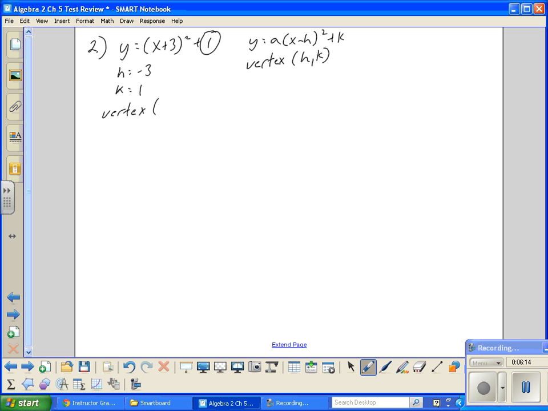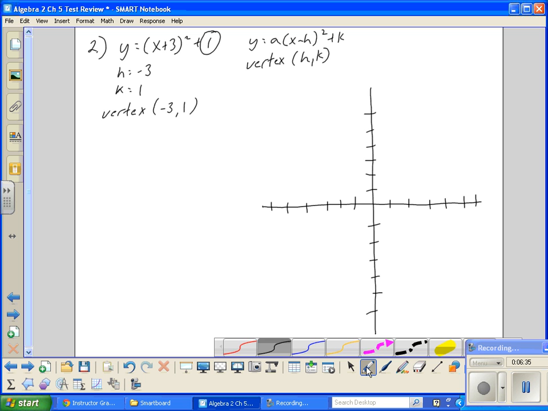So my vertex is going to be the point negative 3, 1. So I'm starting out at the point negative 3 on the x, positive 1 on the y.